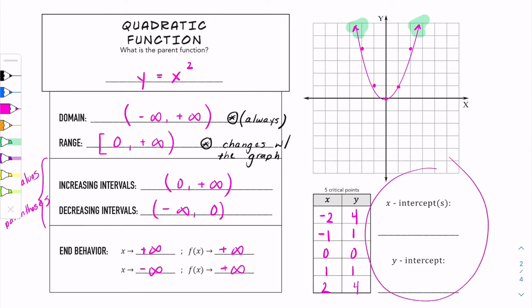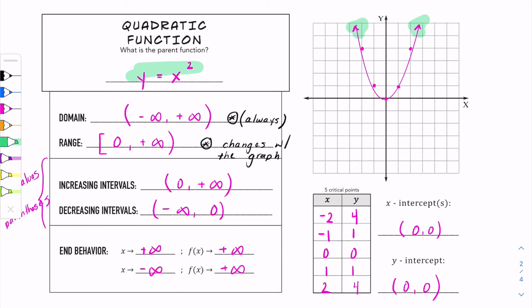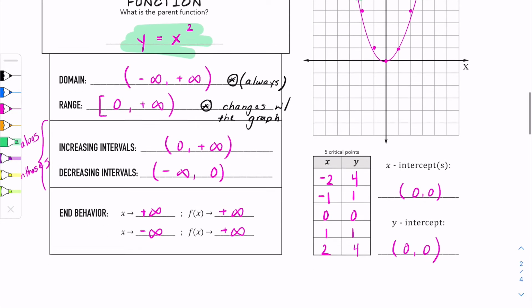Lastly, our x and y intercepts. The x-intercept in this graph is 0, 0, and the y-intercept is also 0, 0. So this is all the information for the parent function. All of this changes except for the domain when we graph our new functions.